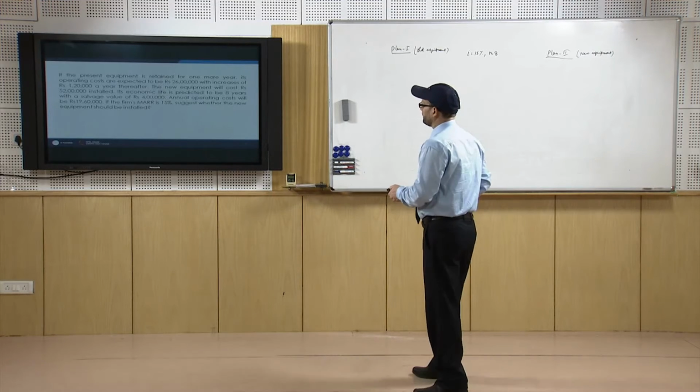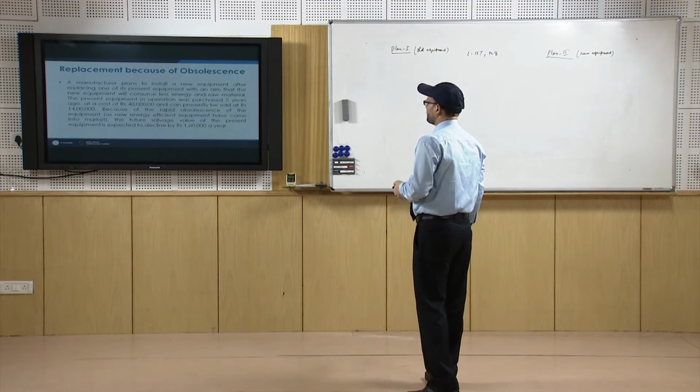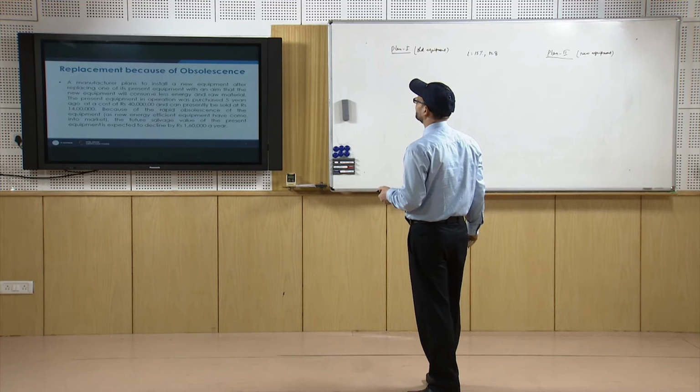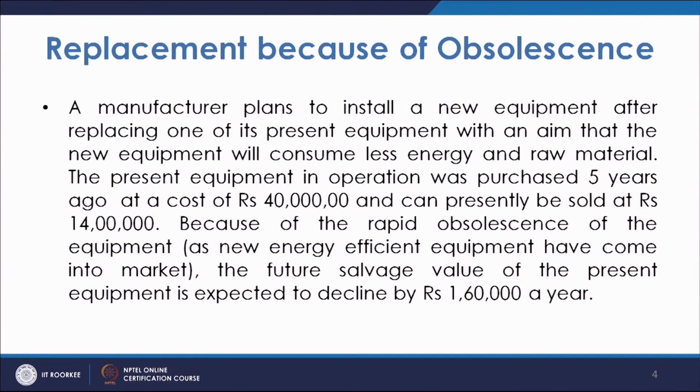Now, for the old machine we have seen that it was purchased at a cost of 40 lakhs, which is a sunk cost, so it has nothing to do with this. Its present cost is 14 lakh, so P is 14 lakh. The future salvage value of the present equipment is expected to decline by rupees 160,000 a year.